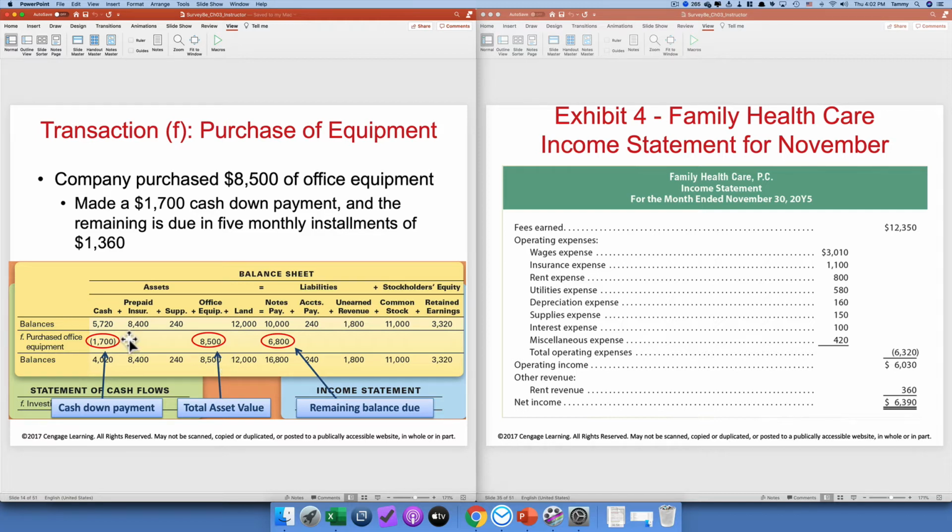We have $8,500 worth of office equipment. We took on a notes payable for a portion of it, and we paid cash for a portion of it. When you buy equipment, you can't expense it all right away. You have to hold on to it as an asset and expense portions of it in the form of depreciation. So again, this transaction does not show up on this income statement yet.